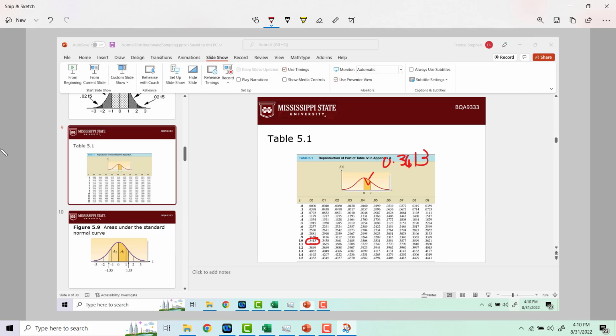Now we know that this is a symmetrical distribution and we know the total area is 1. So we have 0.5 here and 0.5 here.